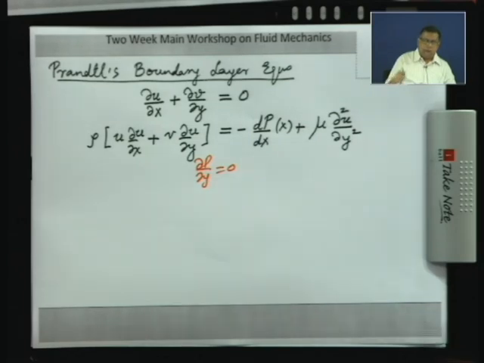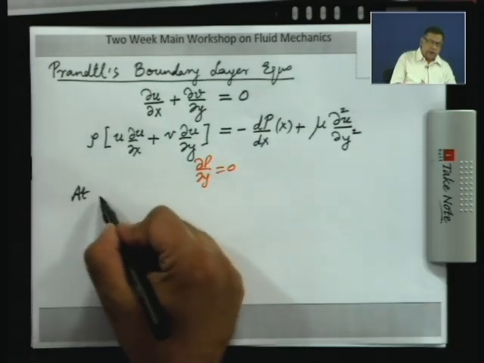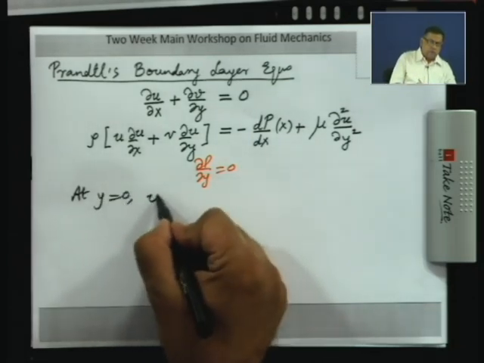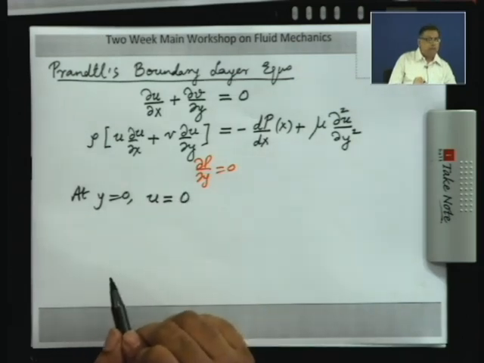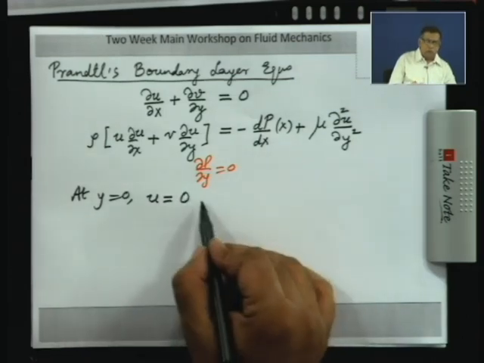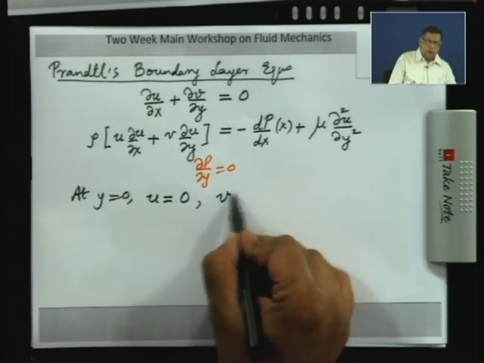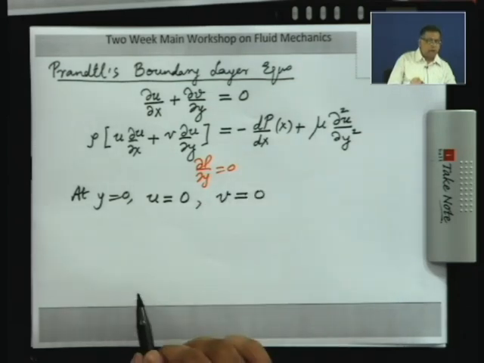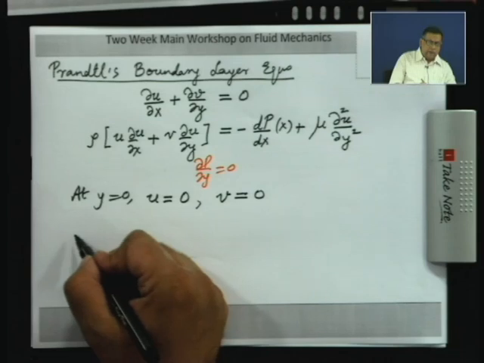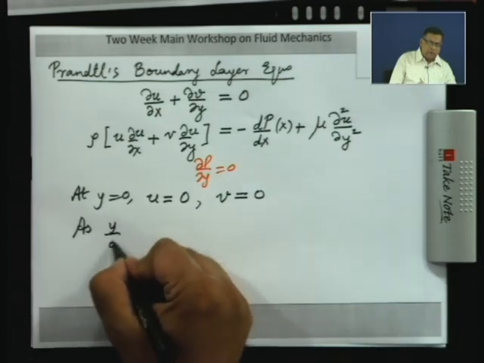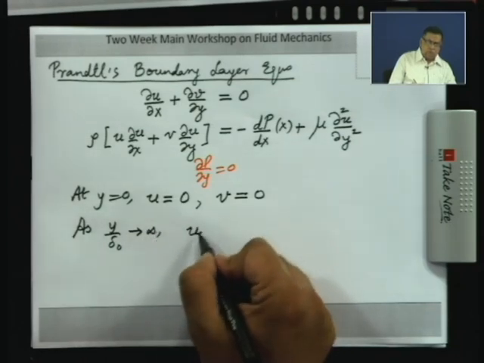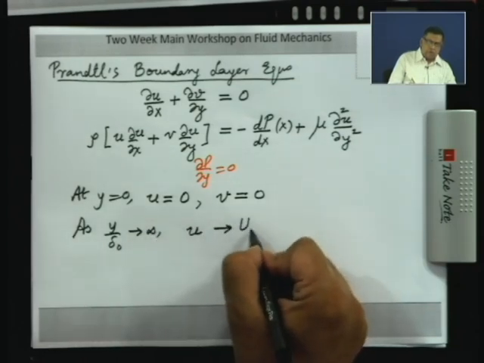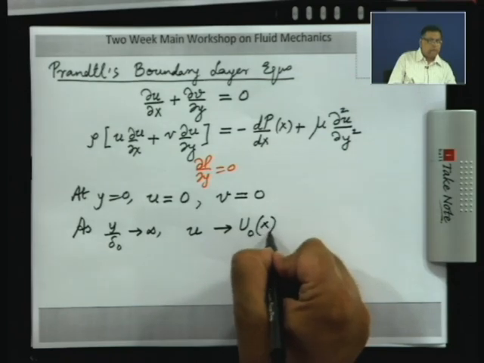Now, the boundary condition at the plate, which we discussed yesterday: at y equal to 0, the no slip condition, which we could not enforce on the solution of the potential flow equations, we are going to set u equal to 0, and v also equal to 0, that is the no penetration boundary condition. The other condition is the matching condition, which I will write this way: as y by delta naught goes to infinity, u approaches u 0 of x.